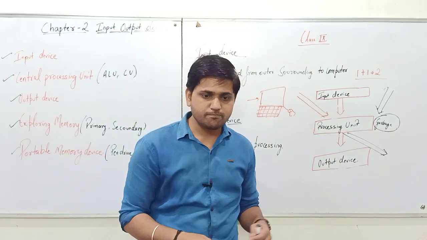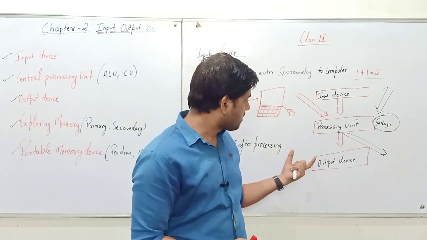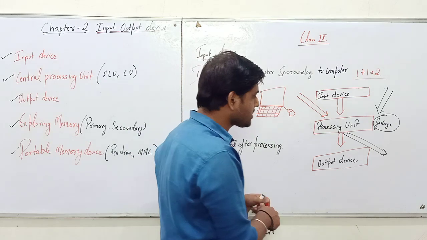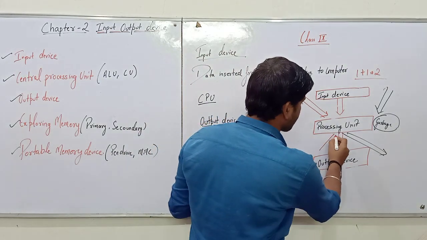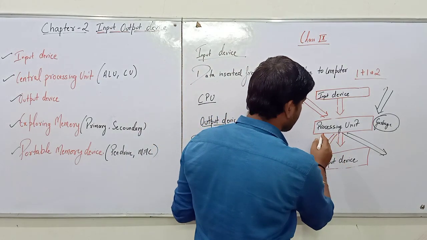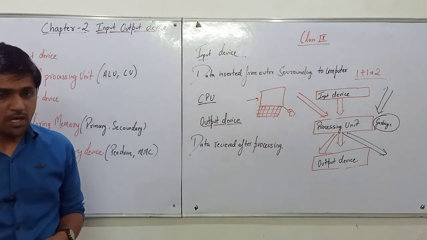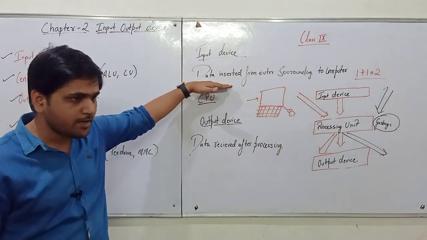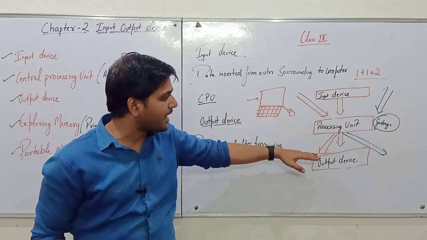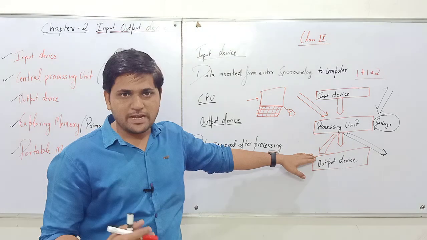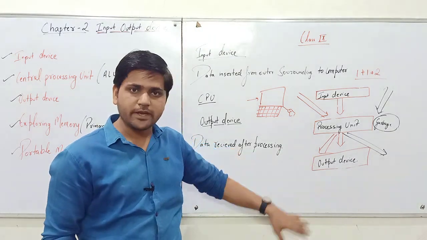Means you did the shopping, and in return you handed over all the things to your mother and returned the money. This is how a computer also works. If you insert a wrong command, it is going to process the wrong command, and the output given out by the computer system will be wrong in nature.